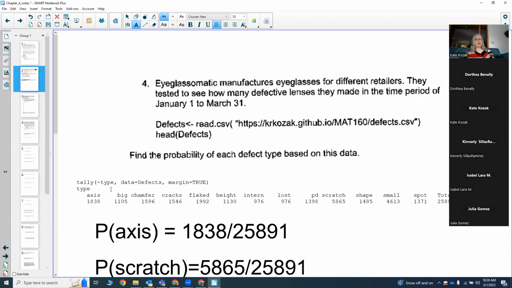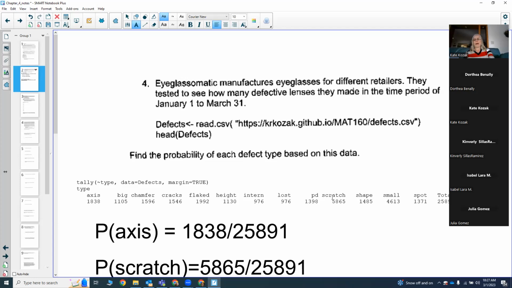So my sample space here is all of these things, the spot, the stall, and so forth. If I were going to try to use theoretical probabilities for this, then I would say the probability of getting a scratched lens, well, there's 1, 2, 3, 4, 5, 6, 7, 8, 9, 10, 11, 12, 13 different outcomes that can happen when we made the defects that we could have.